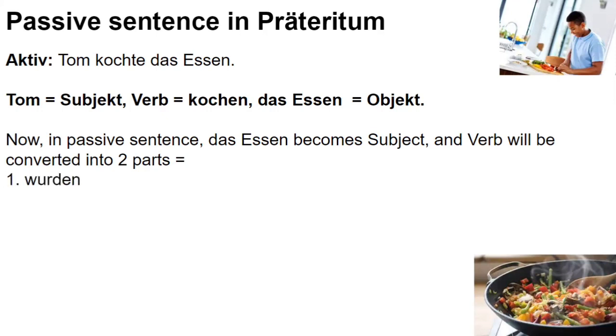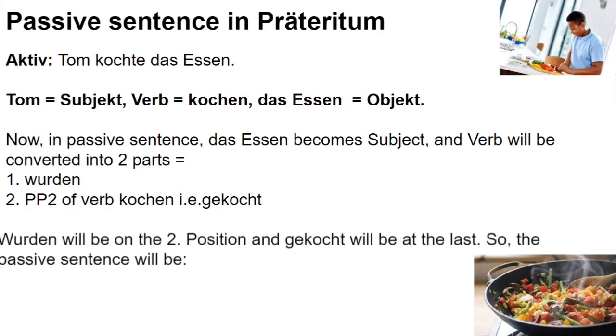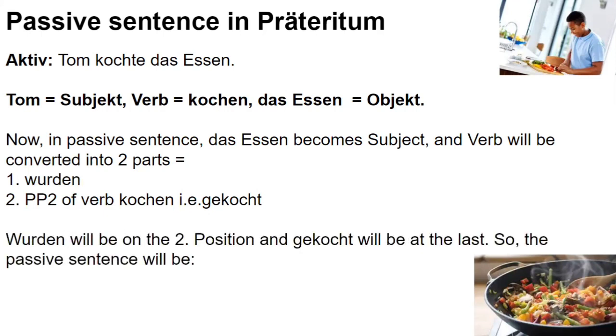Nummer 1, wurde. Nummer 2, PP2 of verb kochen, that is gekocht. Wurde will be on the second position and gekocht will be at the last. So the passive sentence will be Das Essen wurde gekocht.